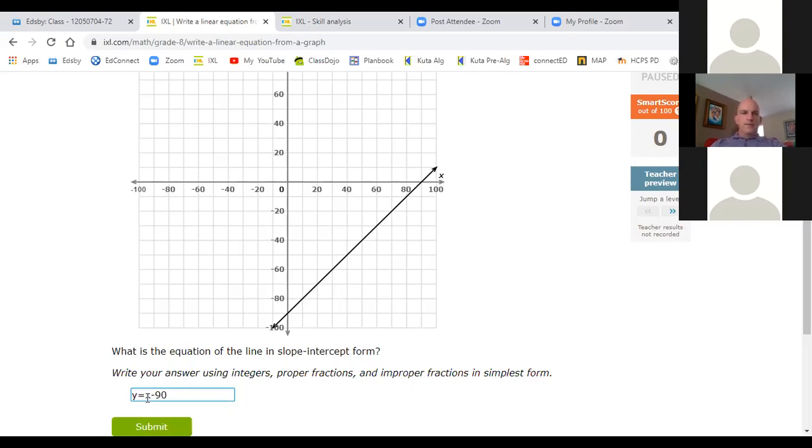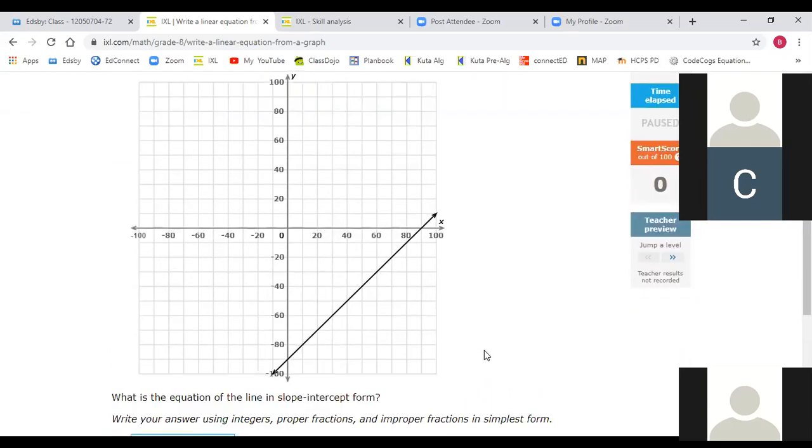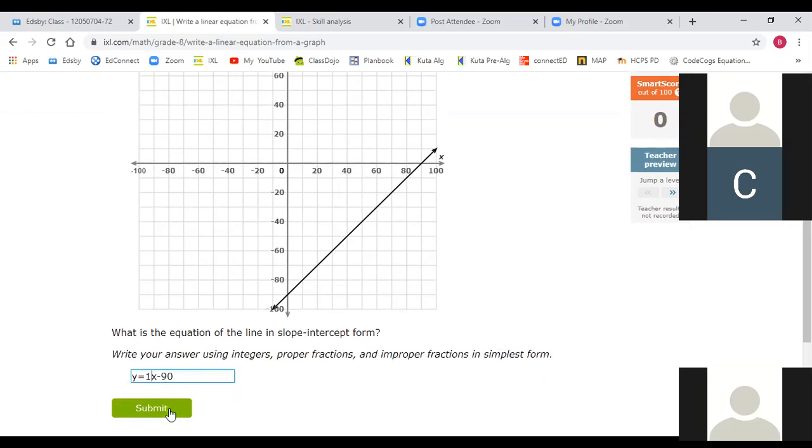So it says to write it as an integer, so I could write it as 1x. If I left that 1 off and just called it x, it wouldn't count you wrong. So if I write 1x minus 90, that's going to be okay. Any questions on where I got that information from or how you would write that in? Process for typing in your answers here: make sure that you have a y and an x. All right, so let's go ahead and hit submit.